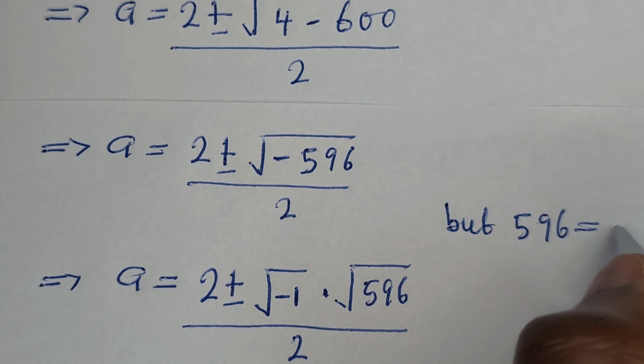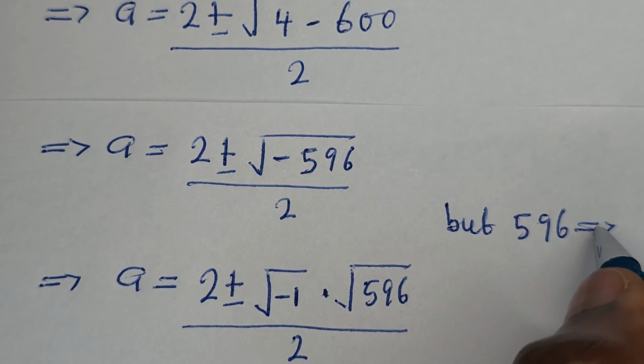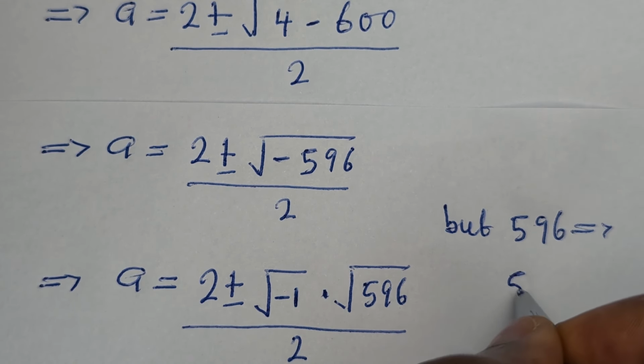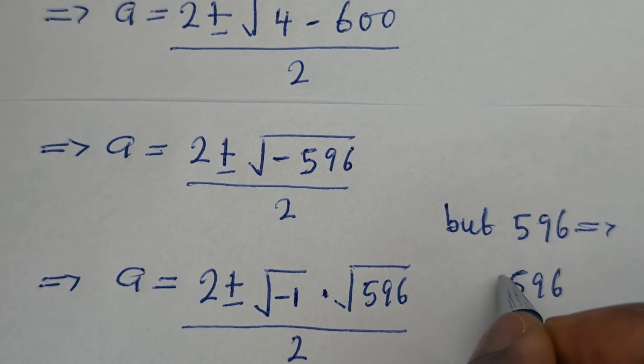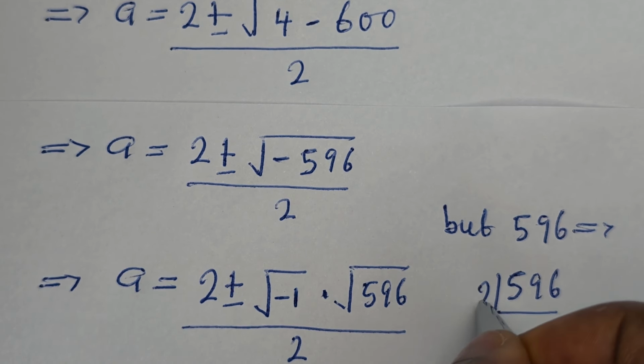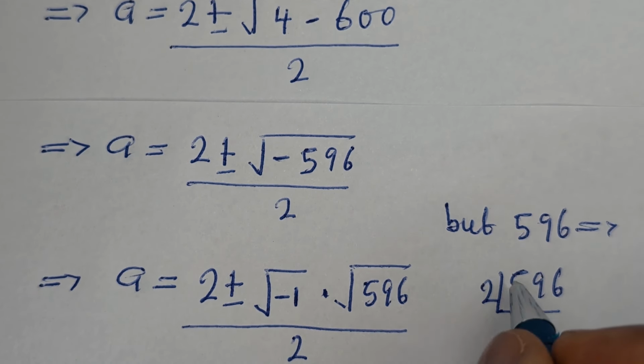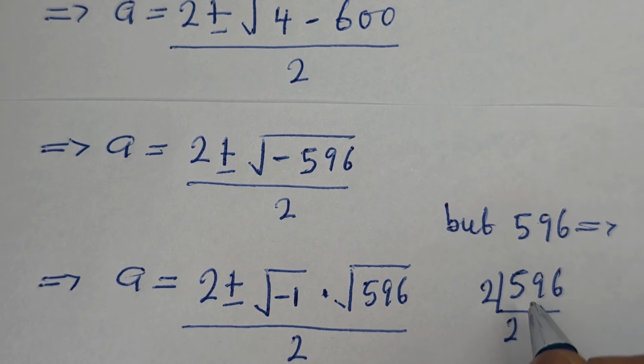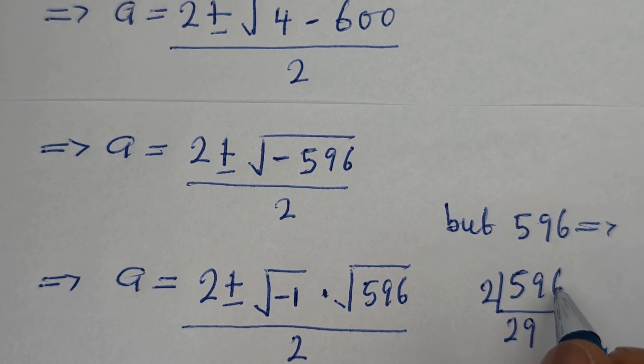But 596 is the same thing as here. We have 596. This is divisible by 2. Then 2 in 5, 2. In 19, 9. In 16, 8.